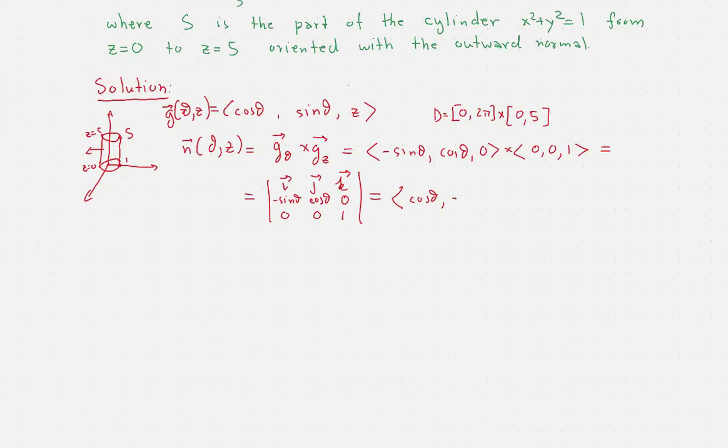And now here comes the interesting question. Is this the right vector? How can we possibly find whether it's the right vector or not? And the idea is actually pretty simple. Take a specific point, like this one. This one corresponds to what? At this point, theta is 0 and z is equal to 0, right?